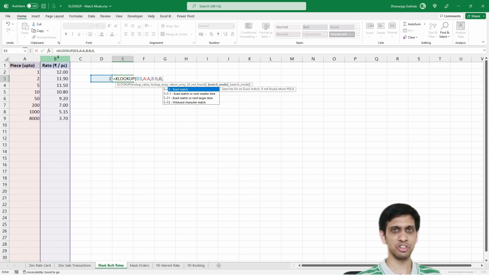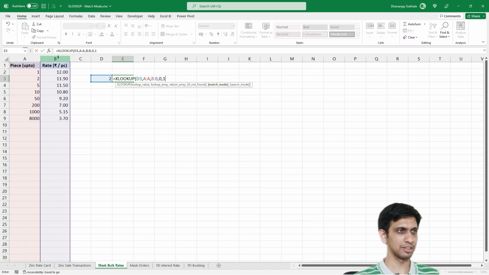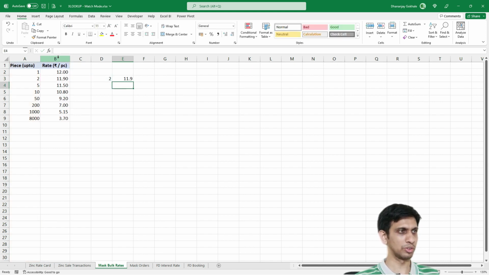Now match mode: this time, match exact or the higher item. So we would be writing 1, bracket close. So 2 was found exactly, and the rate was 11.90.